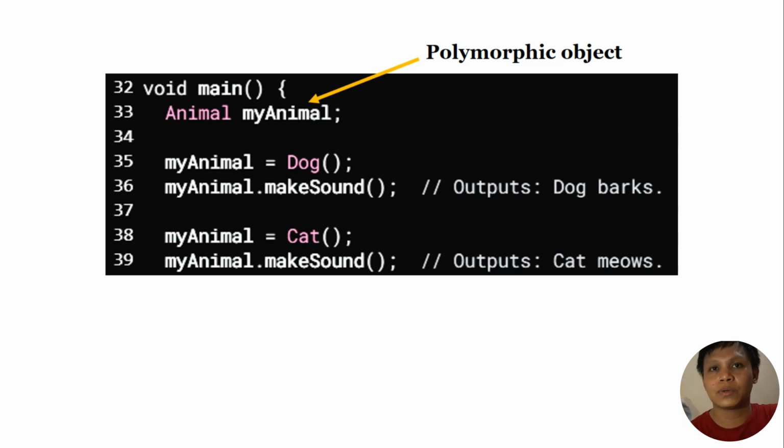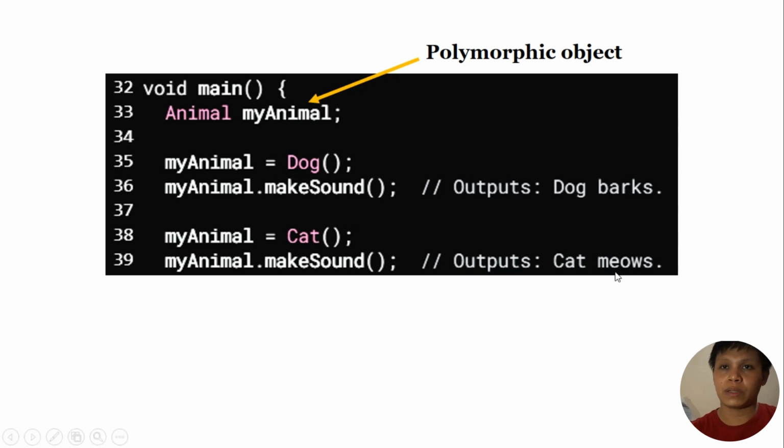Its current form is now Cat. And once we call the makeSound method for the second time, notice that it brings a different output: Cat meows.